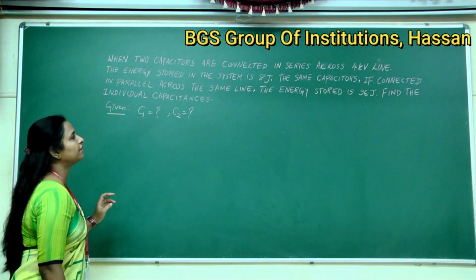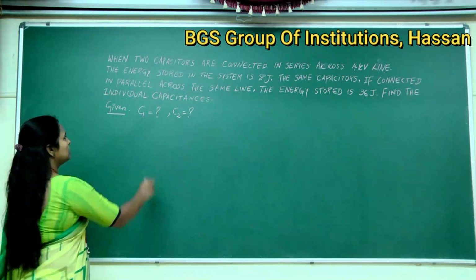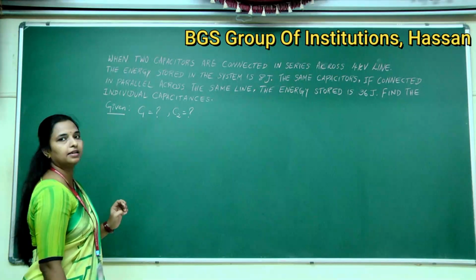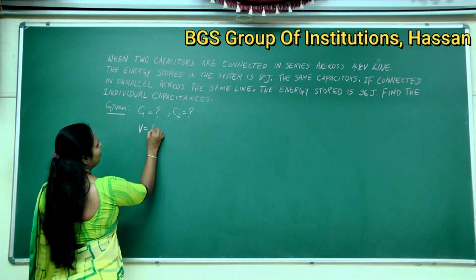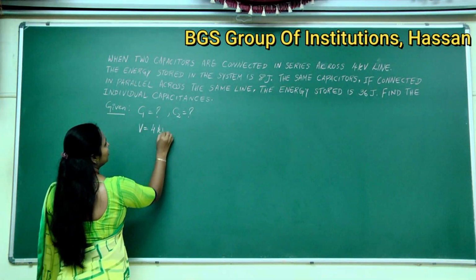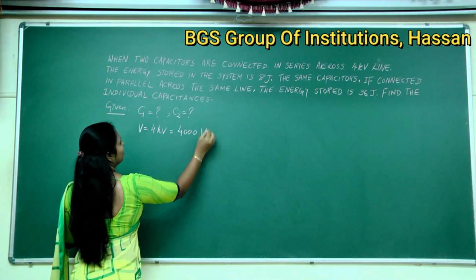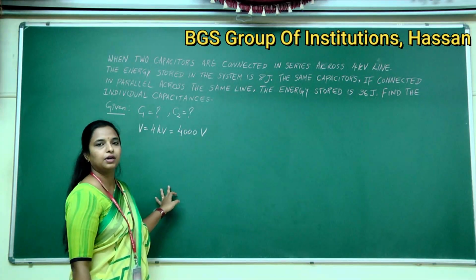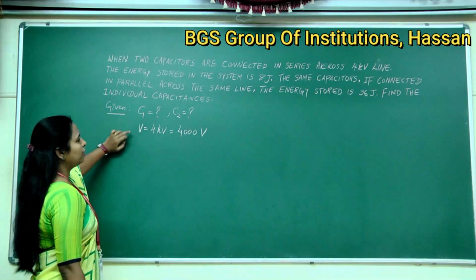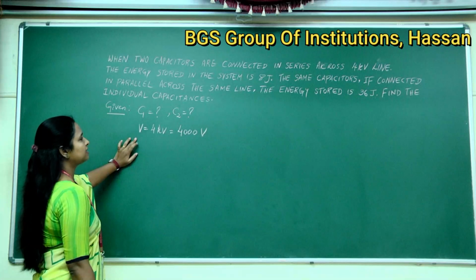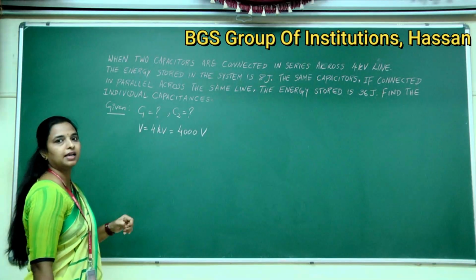What they have given is, first they have connected C1 and C2 in series across 4 kilovolt. 4 kilovolt means it is 4000 volt, or you can write 4 into 10 power 3 volts. Next, when you connect two capacitors C1 and C2 across 4000 volt, what is the energy?